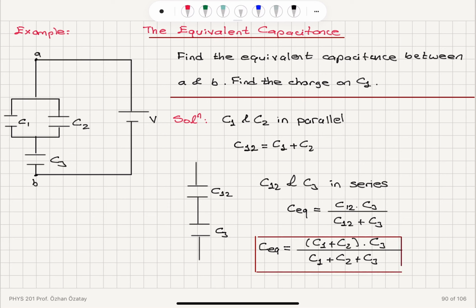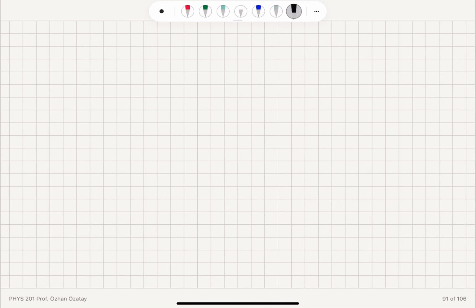Now, there is a second part of the question that is asking what is the charge stored on C1. To answer that question, I recall that the equivalent capacitance is the total charge stored, Q total, divided by the potential difference between the two points, V. So the total charge stored in the circuit will be the equivalent capacitance multiplied with the voltage.